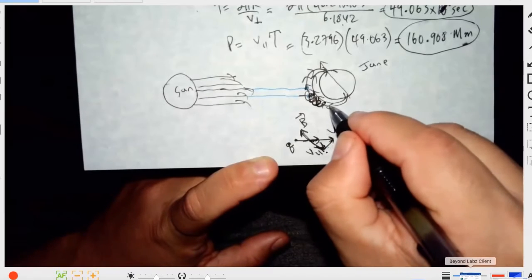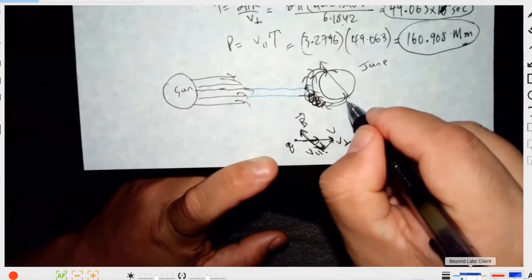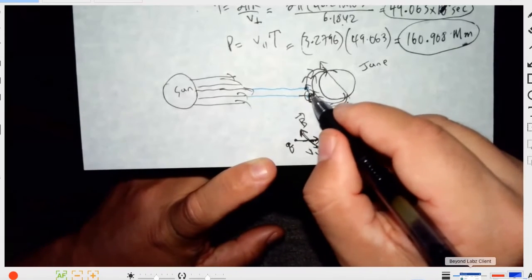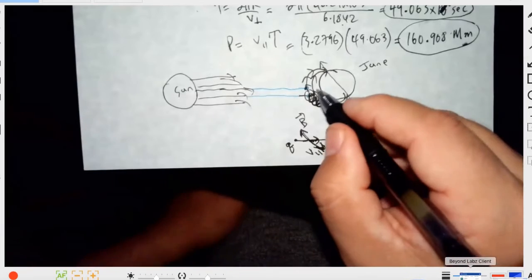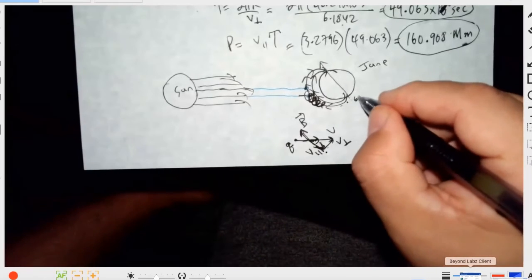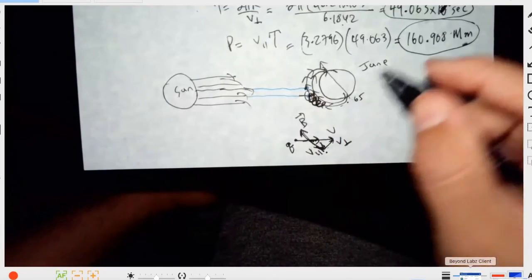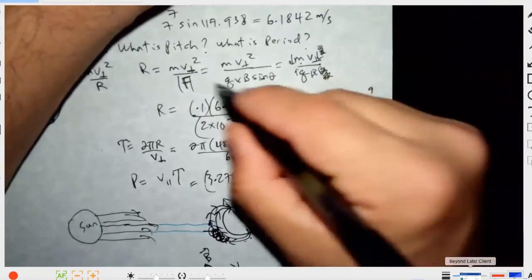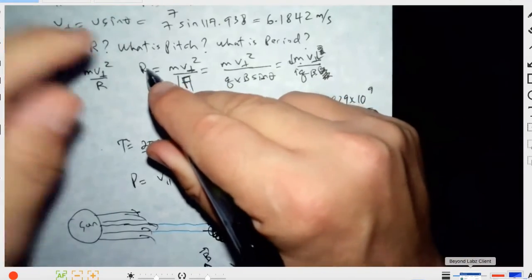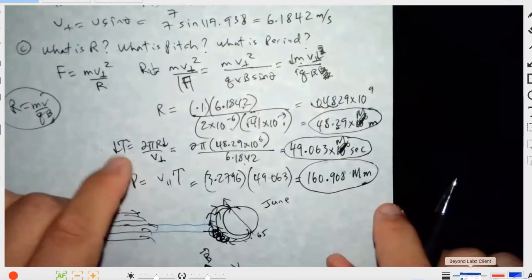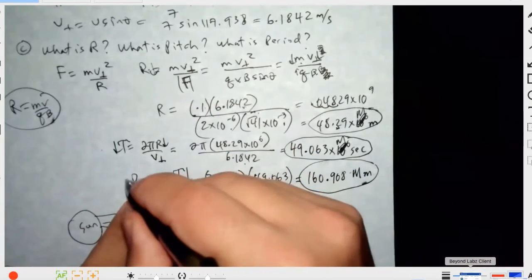But now as you're going this way, what's happening? The field is getting stronger. Remember, it goes from 0.25 Gauss all the way to 0.65 Gauss over here. When the B field gets stronger, the radius gets smaller. And if the radius gets smaller, the period gets smaller, and if the period gets smaller, the pitch gets smaller.